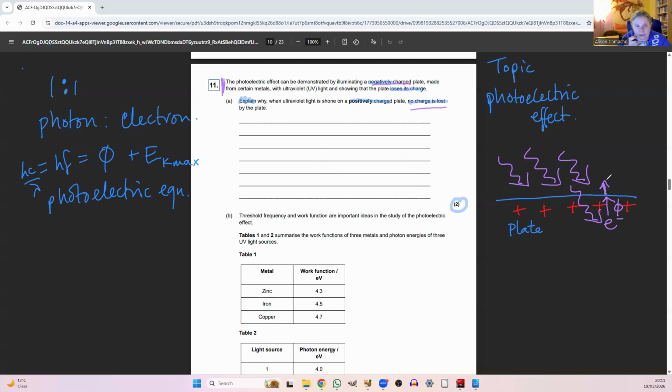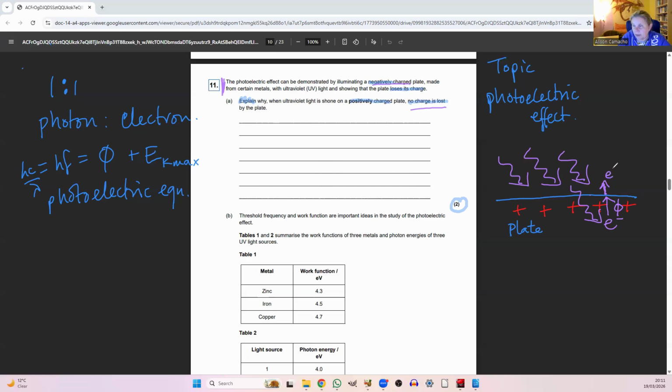What's the only difference between what happened before, where it lost charge, and what is happening now when it's not losing charge? It's attracted to the plate, yeah. So what's the difference? The charge would be lost because it's a positive plate.